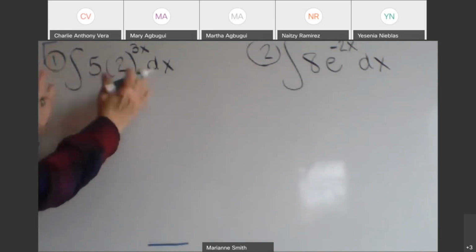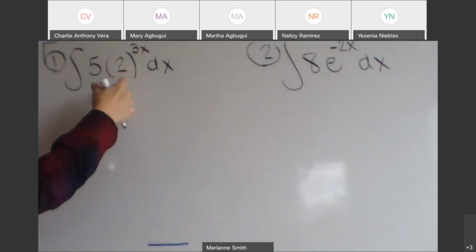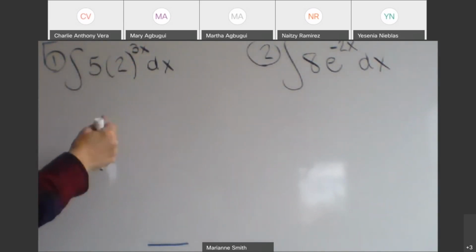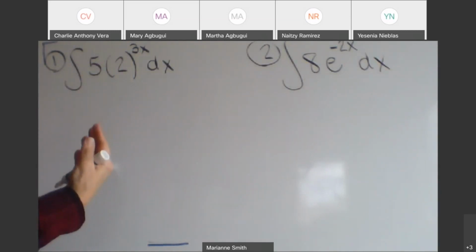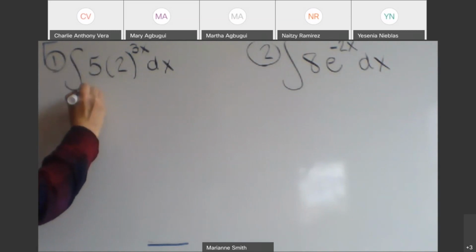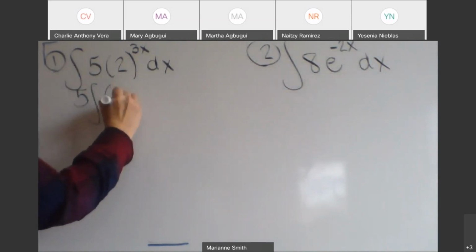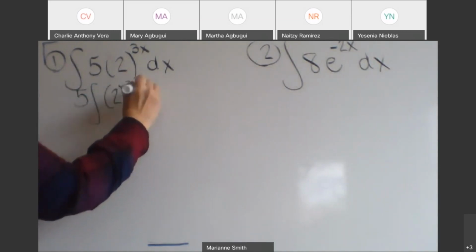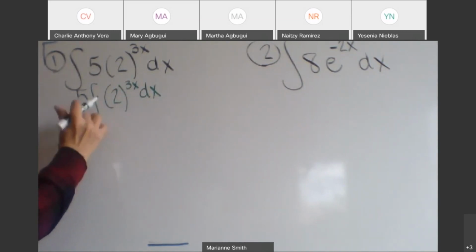All right, here is my first function. This 5 is a coefficient, and the actual exponential is 2 to the 3x. I know that because I have the 2 in parentheses, and that's what's being raised to the power. So I'm going to pull the 5 through the integration sign, and then I have 2 to the 3x dx. Here's my exponential. I'm going to use that pattern that I showed you.